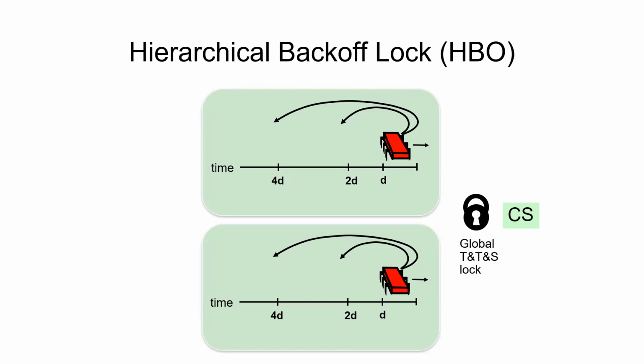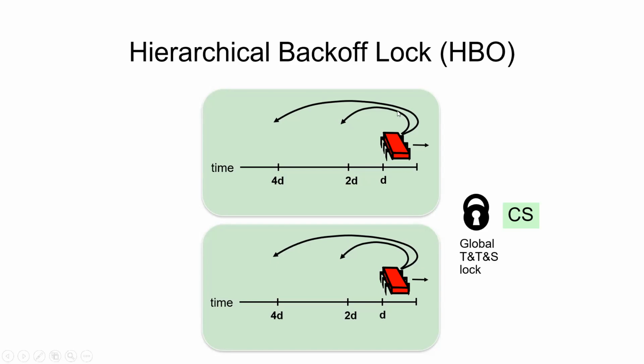If a thread from some other node comes, we send that thread to a waiting period with the remote backoff. Whatever the local backoff is, we keep it small, and for the remote node we provide a larger backoff time.